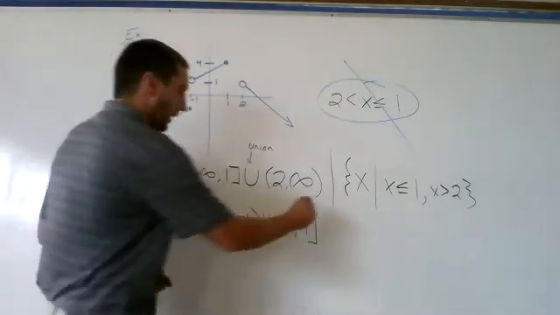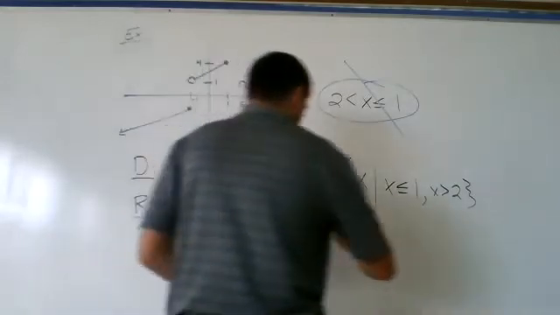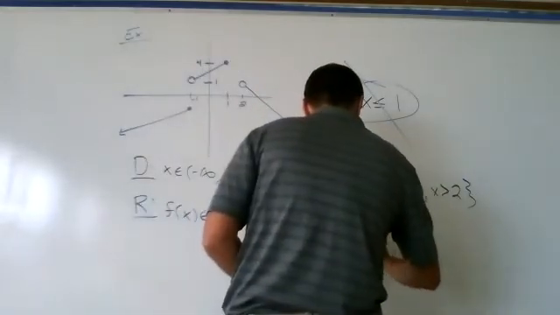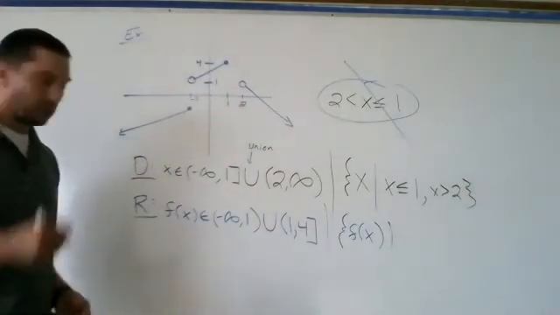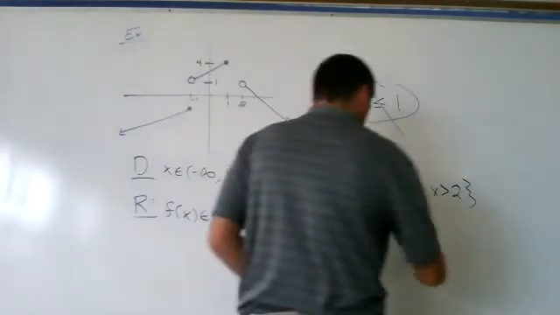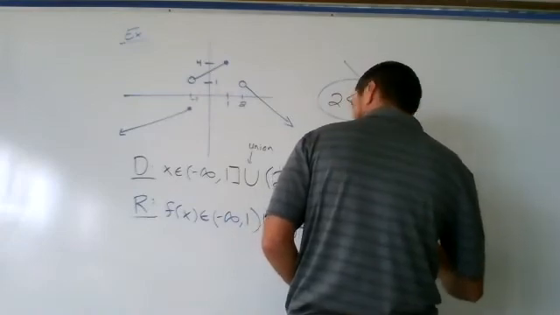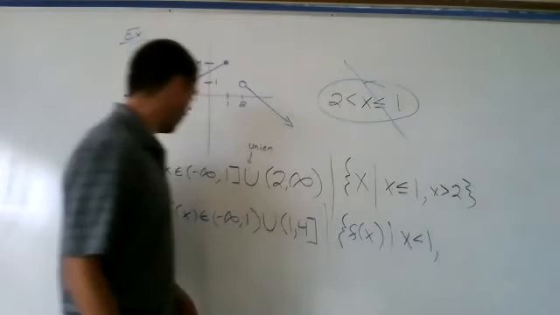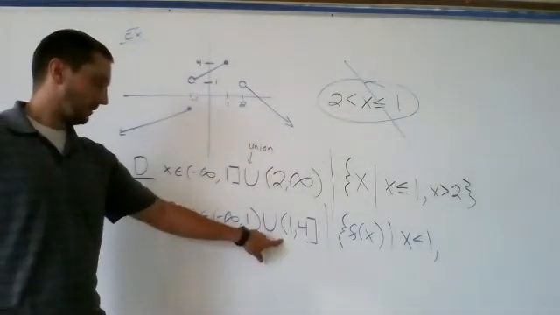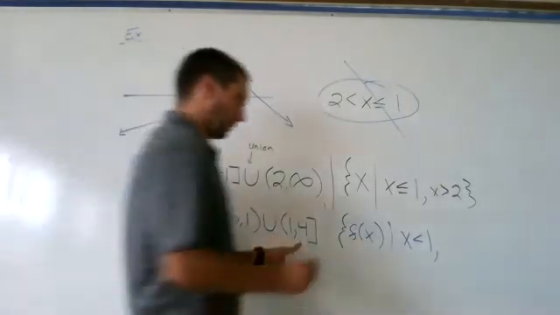All right? So how would I write this in my set notation? So set of all f of x values such that x is less than 1, comma, and then in between 1 and 4.